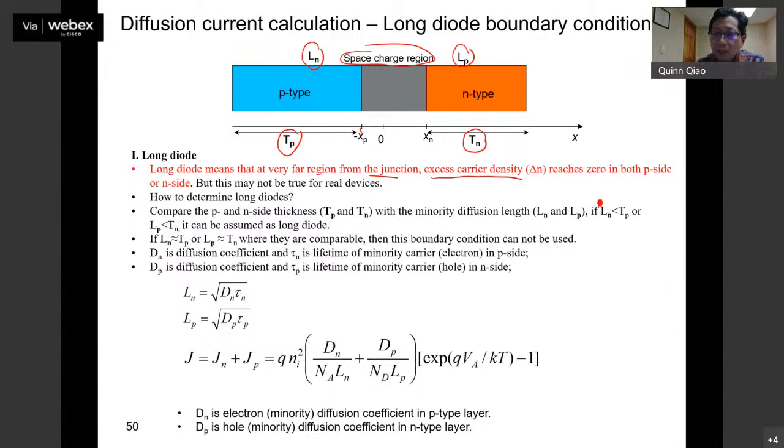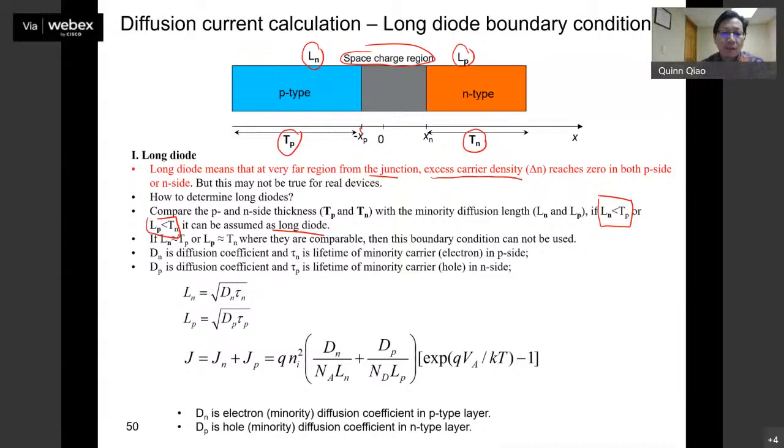If the thickness is much thicker than the diffusion length of electrons as minority carriers, and also the thickness of the n side is much longer than the diffusion length of holes as minority carriers, then you can assume this is a long diode. Why? Because the diode is so long that electrons and holes cannot diffuse to the contact as minority carriers. It's too long for electrons and holes to reach the contact.